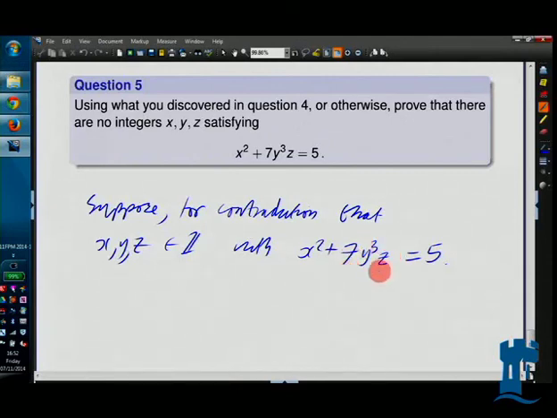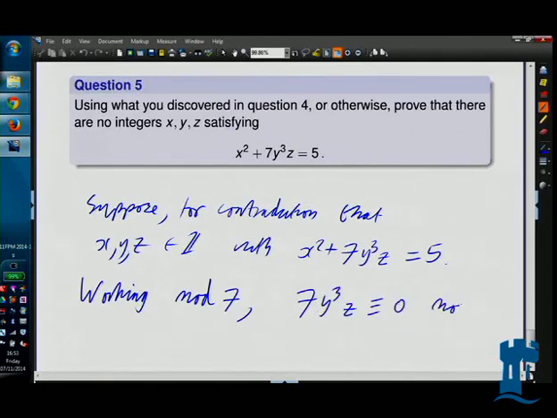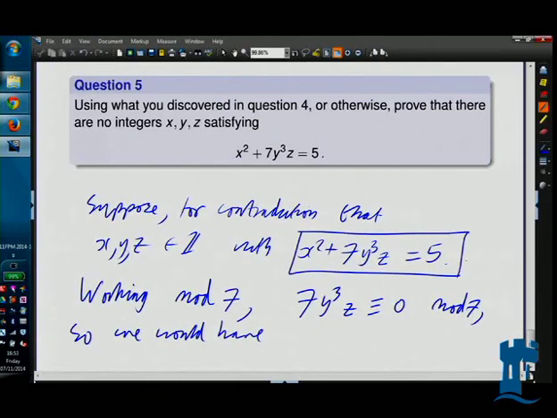But 7y cubed z is congruent to 0 mod 7 as well. You can forget it. So modulo 7, 7y cubed z is congruent to 0 mod 7. So we would have, let's call that star, from star, x squared congruent to 5 mod 7.